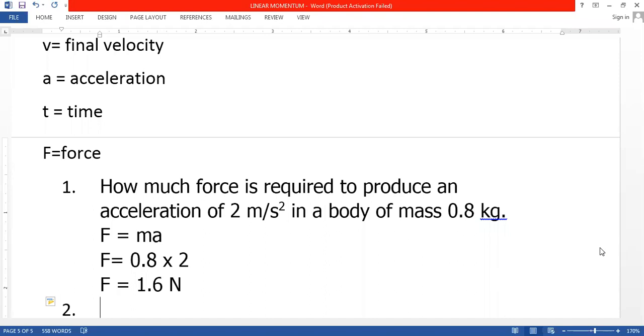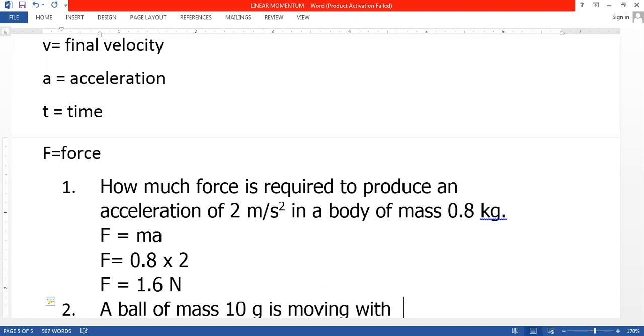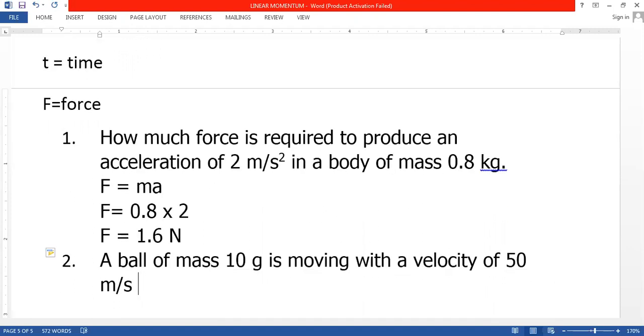Write down. Next. A ball of mass 10 gram is moving with a velocity of 50 meter per second.